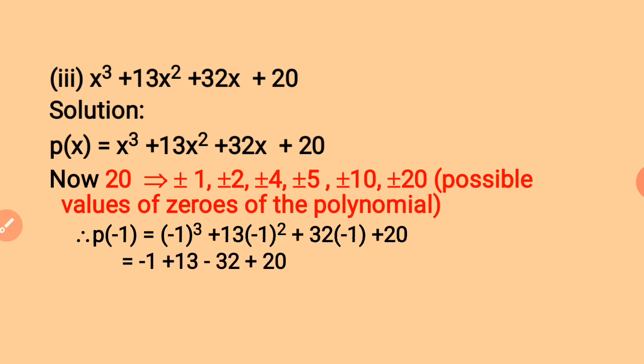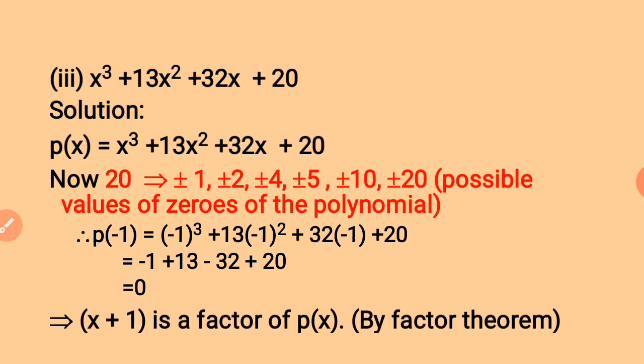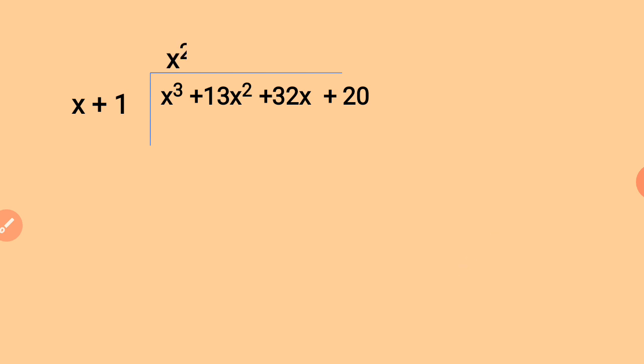So p of 1 comes out to be 0, and we can say that x plus 1 is a factor. The next step is division method. So divide those two polynomials and get the quotient. Remainder has to be equal to 0.